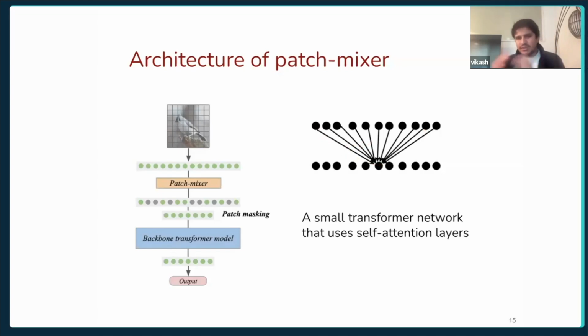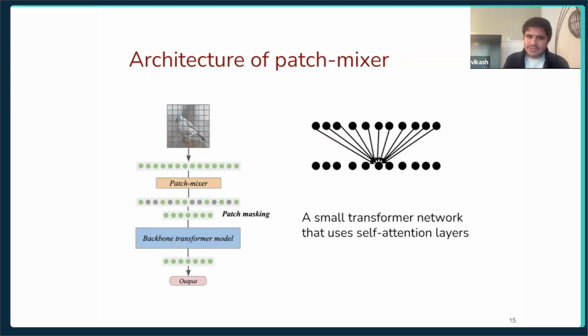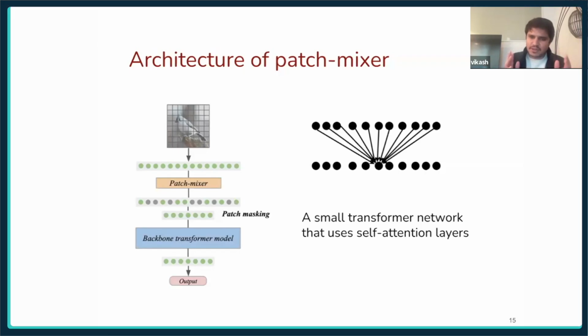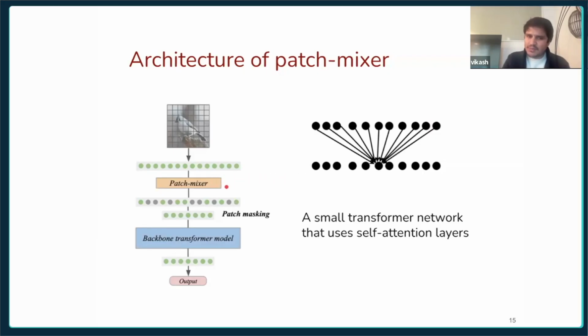Of course, instead of one attention layer, you can also use MLPs to give the patch mixer some expressive power. So the spectrum of design choices here naturally goes from one attention layer to a few transformer blocks. The trade-off is, the larger the patch mixer is, the more computational cost we are paying on the full sequence, because the patch mixer is processing the full sequence.